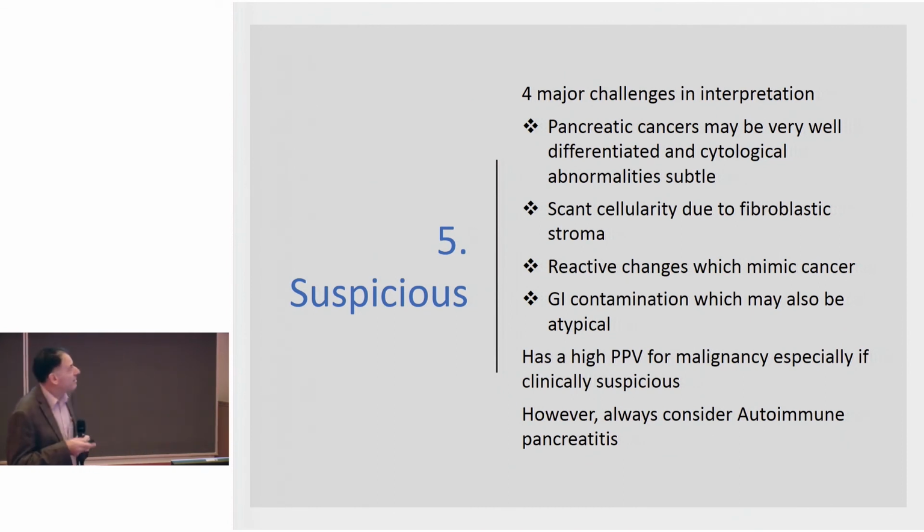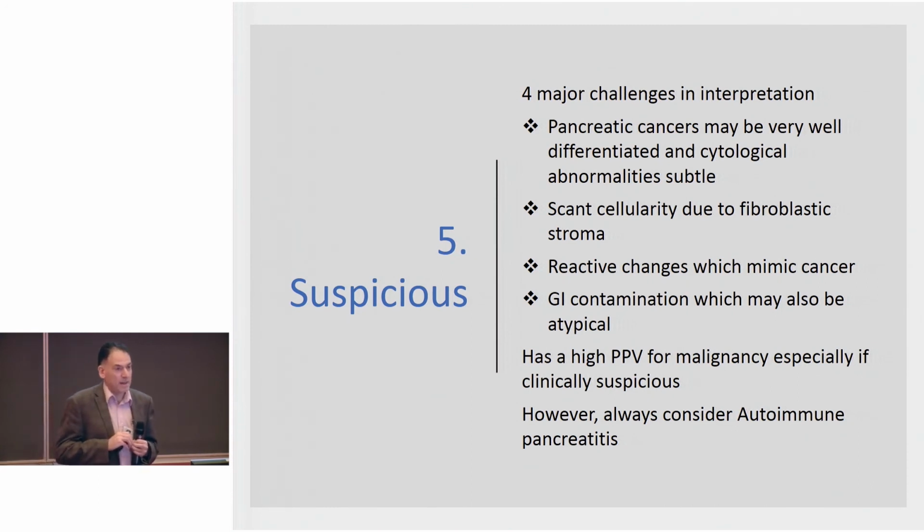In some cases, there's very scanty cellularity, and as we mentioned, some pancreatic cancers have a lot of fibroblastic response, and the tumor cells are only a small proportion of the actual neoplasm, and in those cases you just don't get enough cells to be absolutely convinced that it is cancer. You can get reactive changes which mimic cancer, and particularly in autoimmune pancreatitis, pathologists have been caught out in this sort of sample, so one has to be careful in that context.